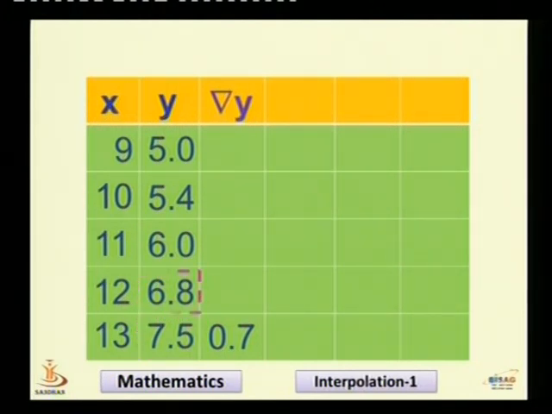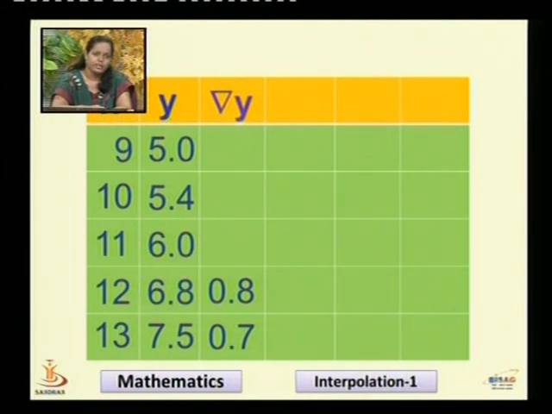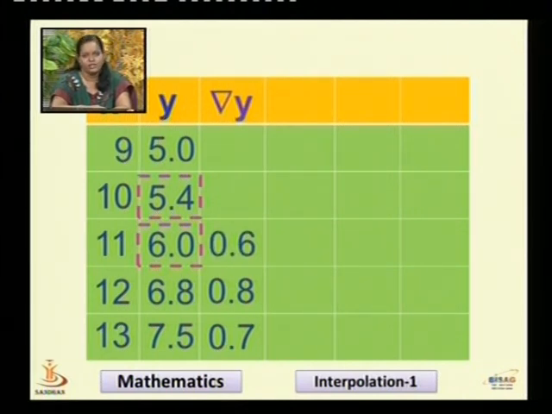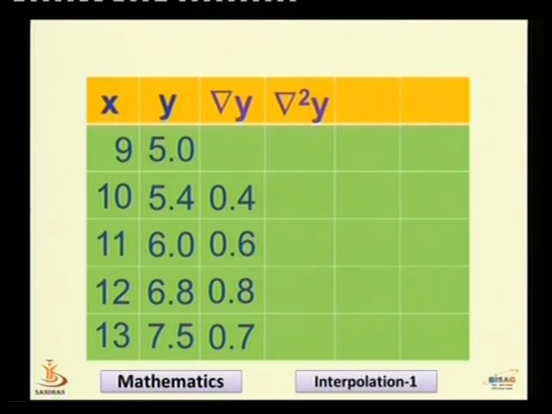Next, nebla y4 is evaluated as 6.8 minus 6.0, which gives 0.8. Nebla y3 will be 6.0 minus 5.4, that is 0.6, and nebla y2 will be 5.4 minus 5.0, which will give us 0.4.